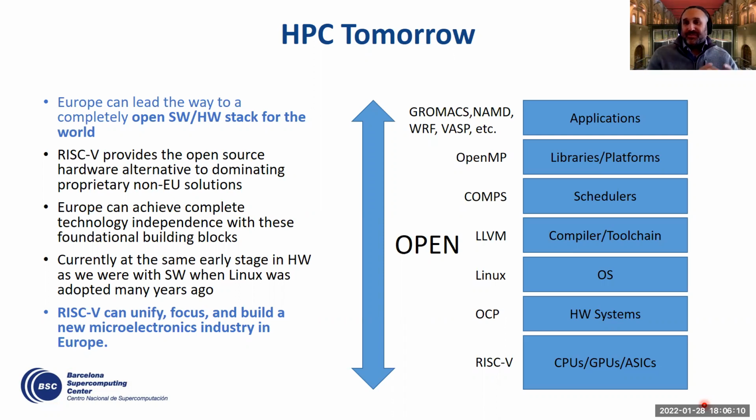Now, this is open from a specification perspective, not necessarily an implementation perspective. So you can still have implementation-specific or proprietary components in there, but at least from a research and development perspective, we can leverage open source for some of these components. And RISC-V gives me a language to unify, to focus, and to build a new microelectronics industry.